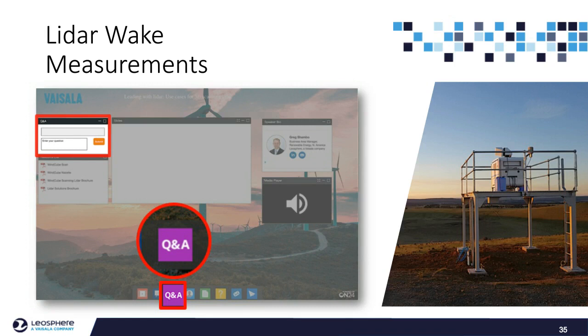We have a couple of questions around complex terrain. Maybe this is a good point to talk about that, whether it's in relation to a wake study or using the scanning LiDAR in general in a complex area.